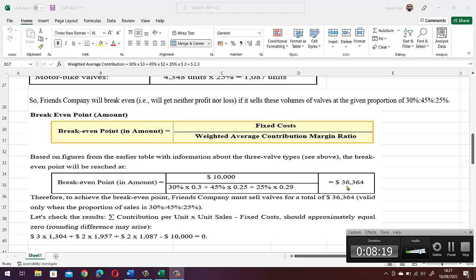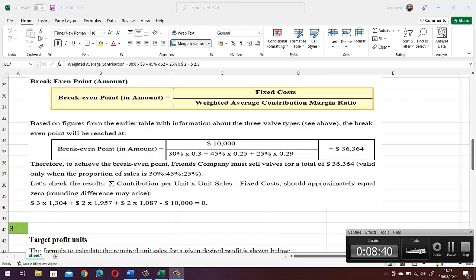So we can say that to achieve the break-even point, the company must sell valves for a total of $36,364. It is valid only when the proportion of sales is 30%, 45% and 25%.